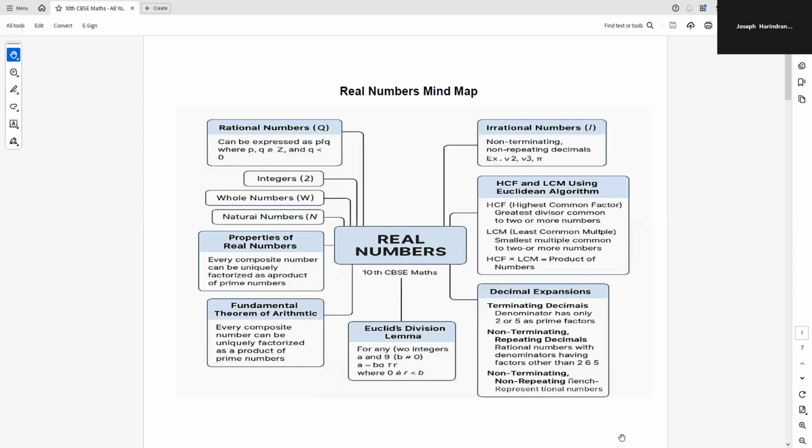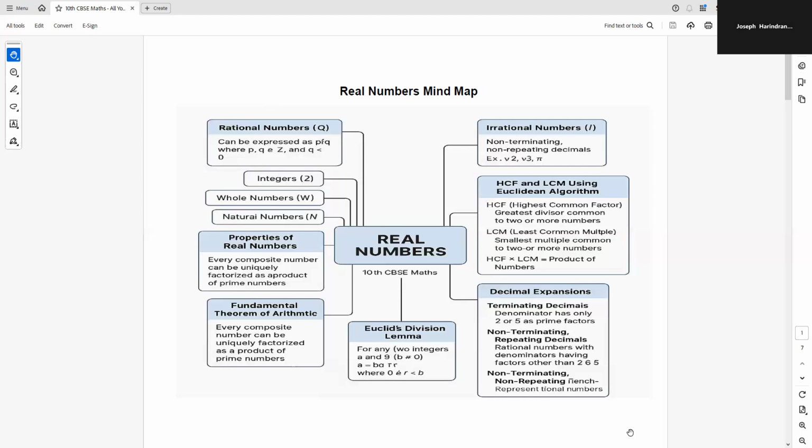Second, non-terminating repeating decimals: rational numbers with denominators having factors other than 2 and 5, where a digit or two may repeat indefinitely. Third, non-terminating and non-repeating decimal expansions, which represent only irrational numbers.